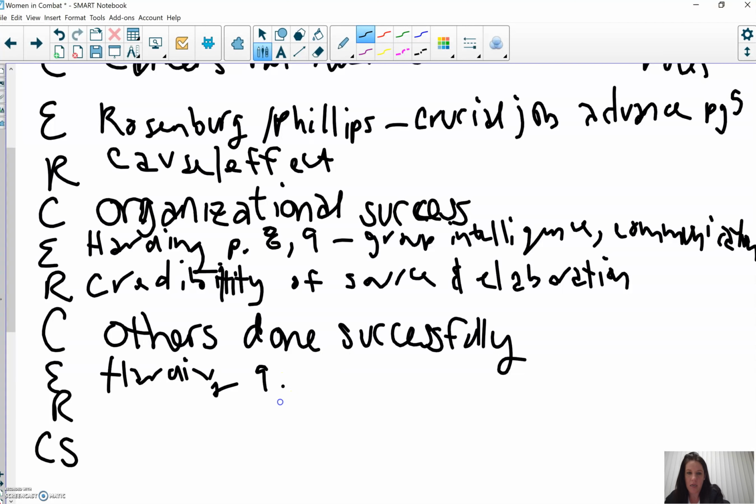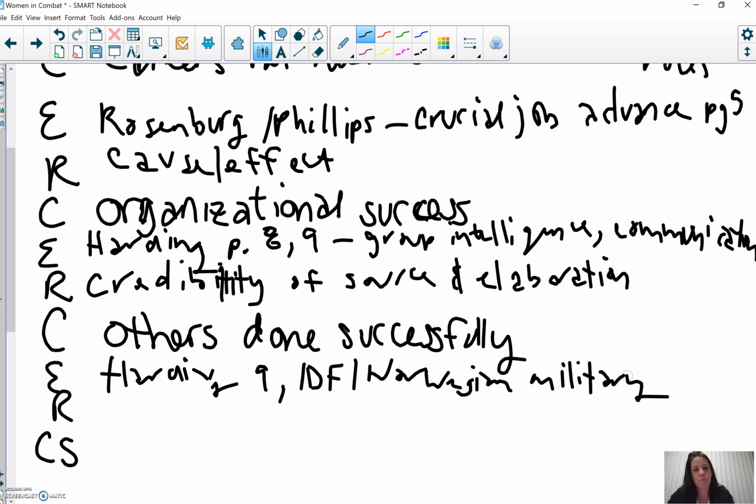And again, IDF and the Norwegian military. Sorry, guys, that's really messy. That's Harding 9 and IDF Norwegian military.